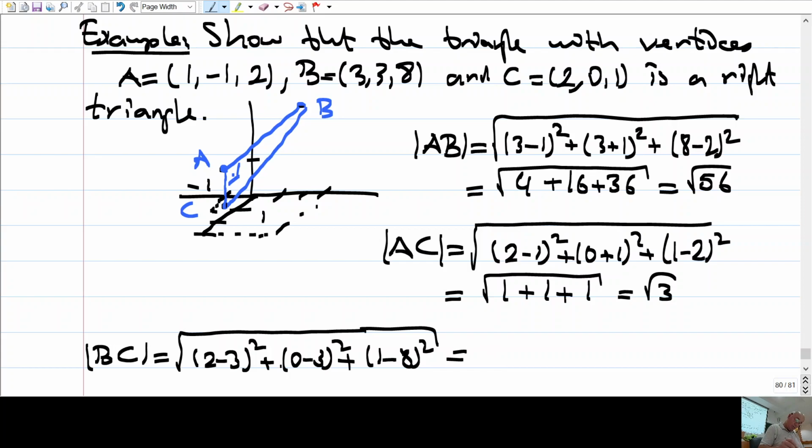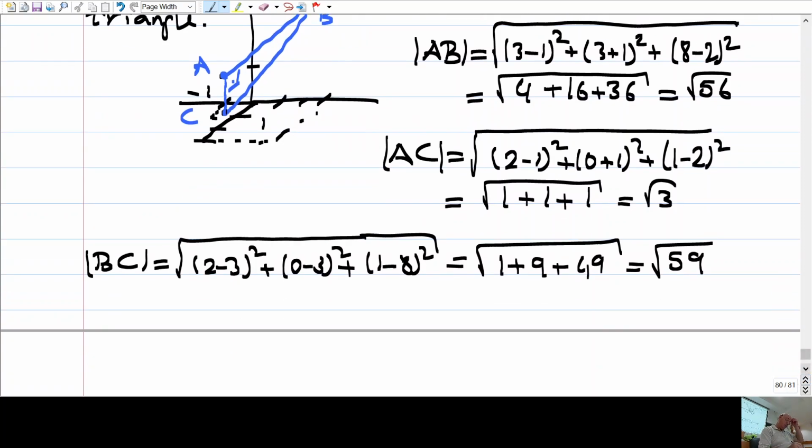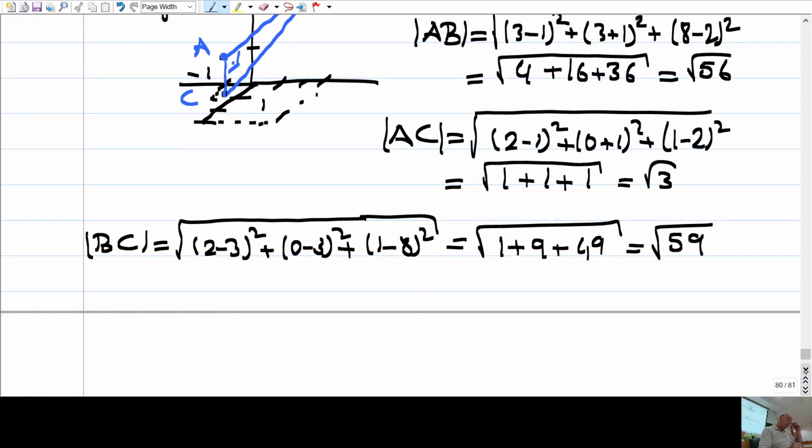So it is 1, minus 3 squared is 9, minus 7 squared is 49. So this is 59.